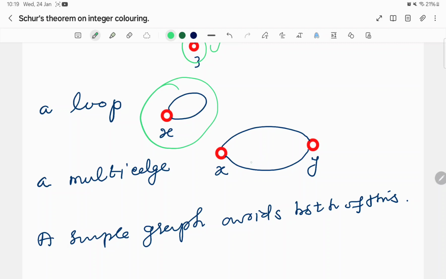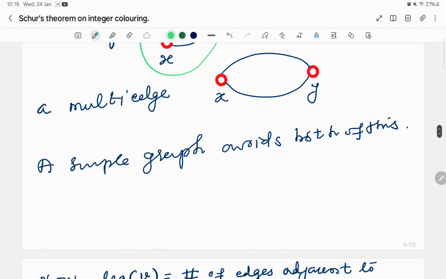If there is more than one edge, we call it a multi-edge, and we don't allow that in our simple graph. So a simple graph has no multi-edge and no loop: at most one edge between pairs of vertices.